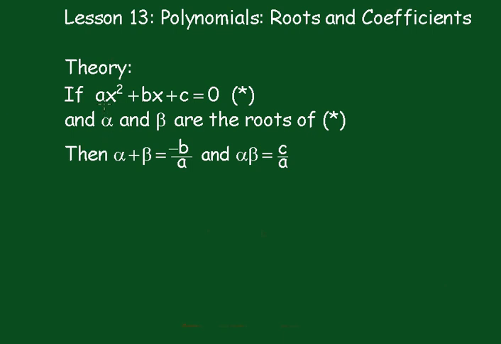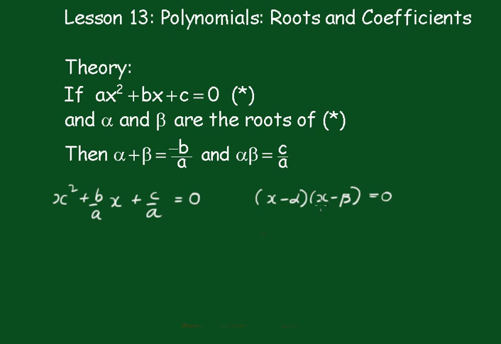First of all, we take this first equation and divide throughout by a, and we're going to get x squared plus b on a x plus c on a equals 0. Now because alpha and beta are the roots, this equation can be written as x minus alpha times x minus beta equals 0.